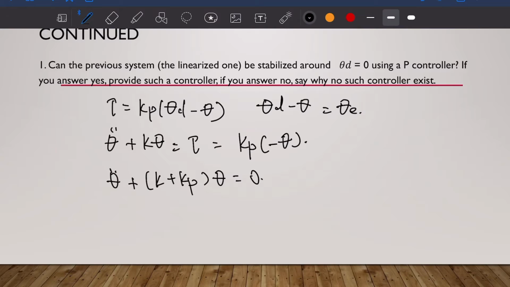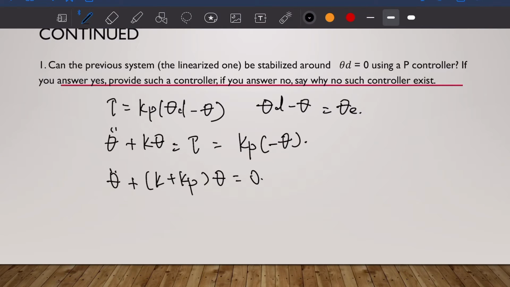And then the question is asking, can the previous system be stabilized around theta d equals to 0 by using a P controller to make sure that this system is stable?